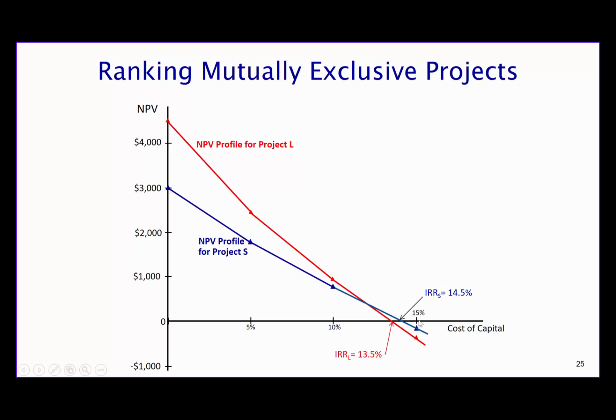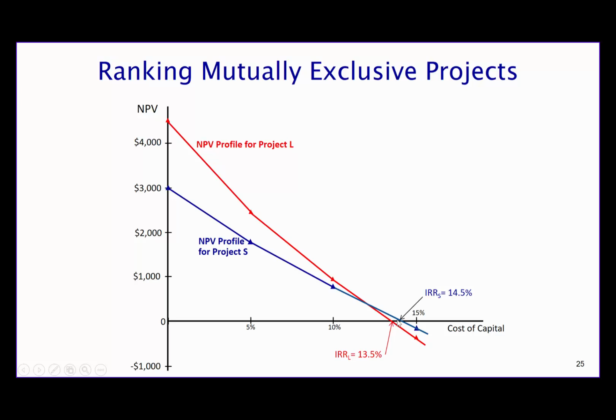If the cost of capital is 15%, we would reject both projects. Both have negative NPVs, and both have IRRs less than 15%. Now, if the cost of capital is 14%, right in between there, we would accept project S, the blue project. We would reject project L. Why?